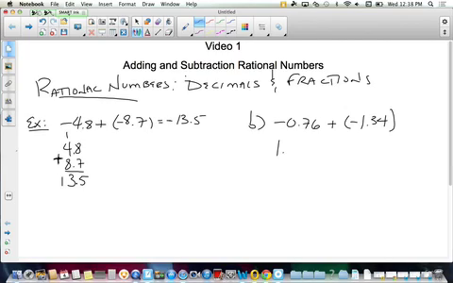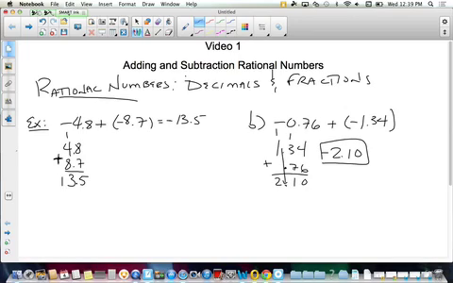That means we're going to add these. 1.34, 0.76. Add them together. That's a 10. Carry the 1. 3 and 7 is 10. Plus 1 is 11. Carry the 1. 1 and 2. Drop the decimal point, comes straight down. So 2.10. Those are both negative. We take the sign. That's going to be a negative 2.10. Okay?